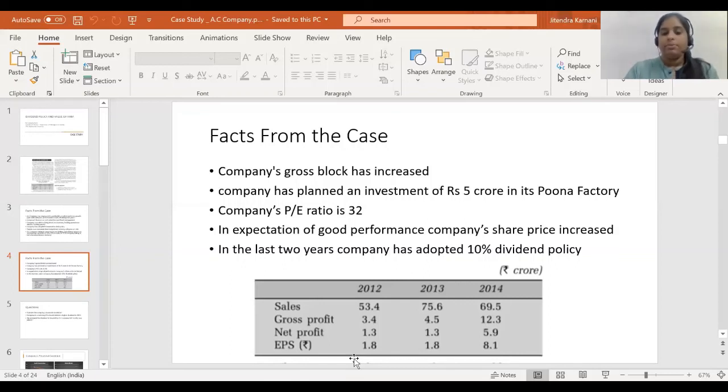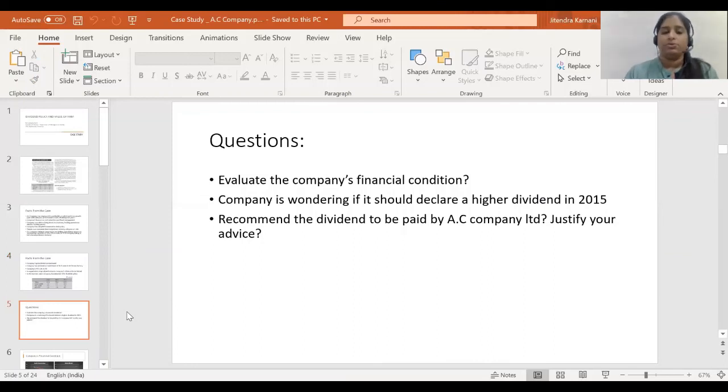We get earning per share by dividing net profit by the number of equity shares. So if net profit is increasing, definitely it is going to reflect in the earning per share of a company. I'll move ahead with the questions that we need to sort out from the noted down facts from the case.